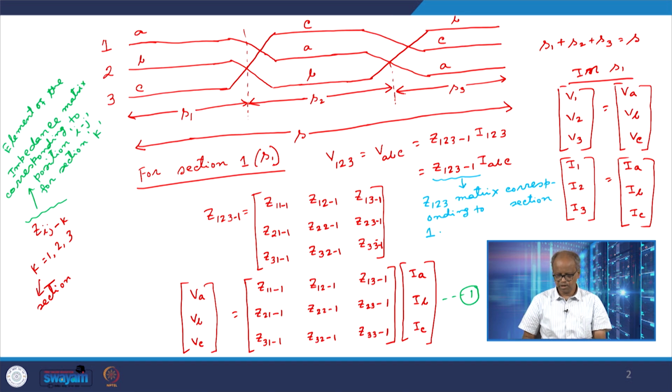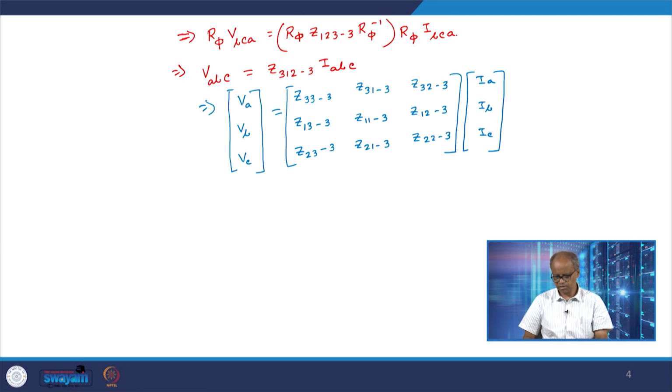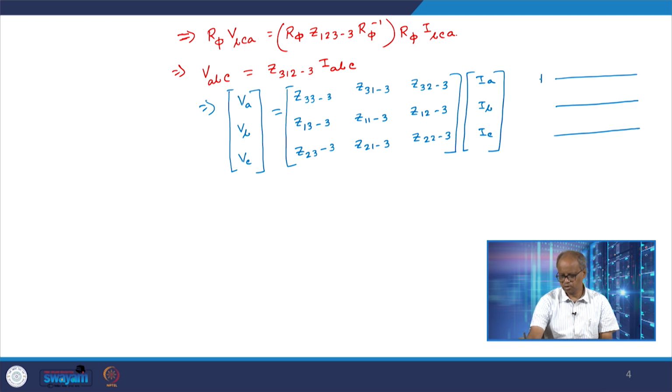Now, we can again interpret these in this fashion. For section 3, the positions 1, 2, 3 are BCA.